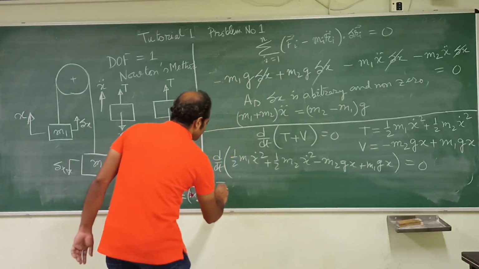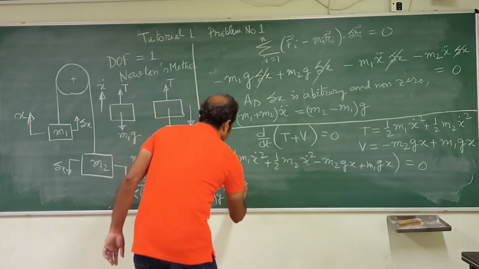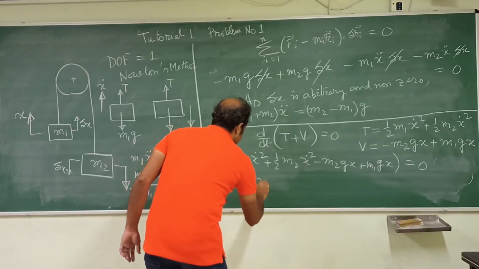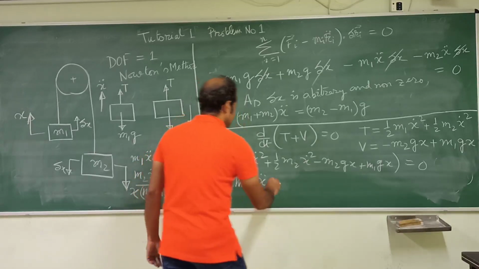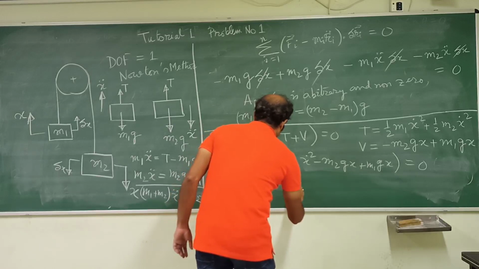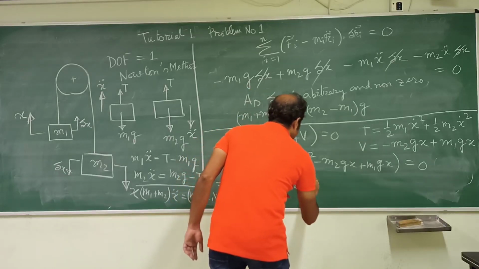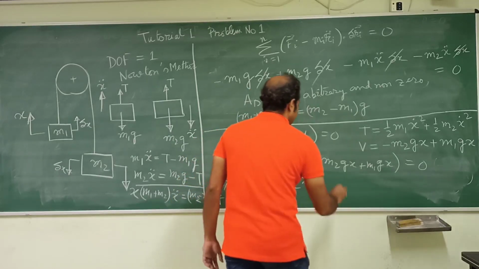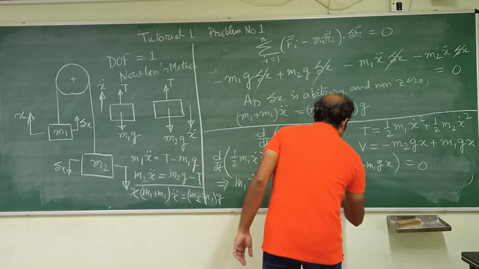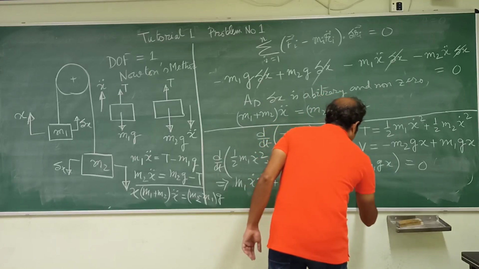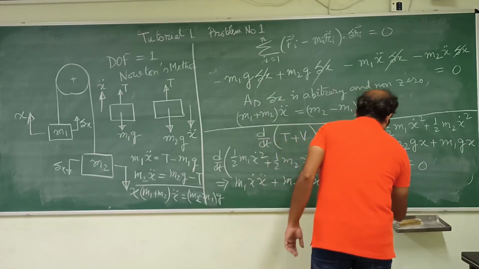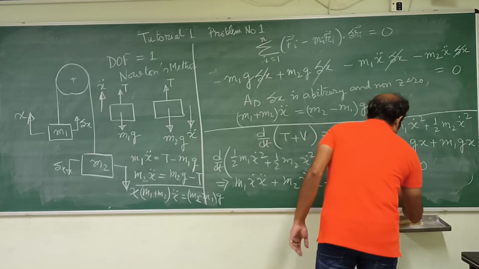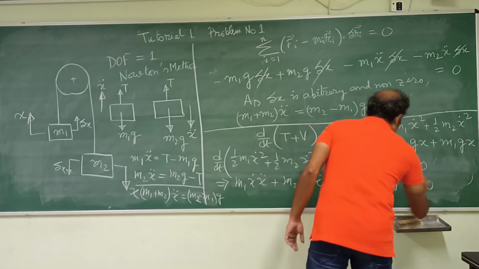So this leads to m1 x dot x double dot plus m2 x dot x double dot minus m2 g x dot plus m1 g x dot is going to be 0.